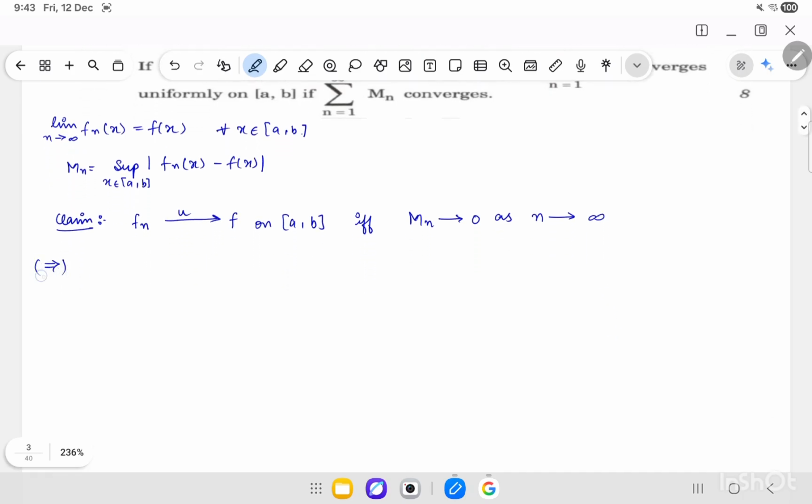Let us prove the forward part first. That is, let us assume that f_n converges to f uniformly on the closed interval a comma b.